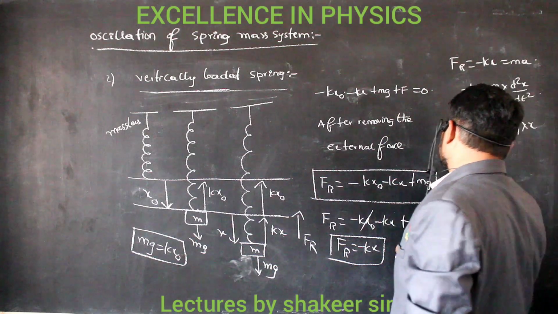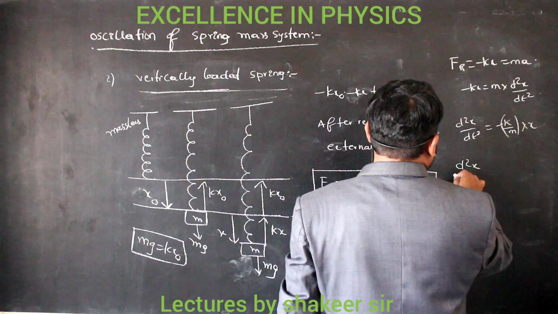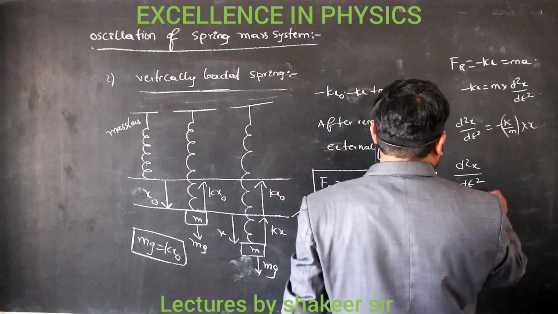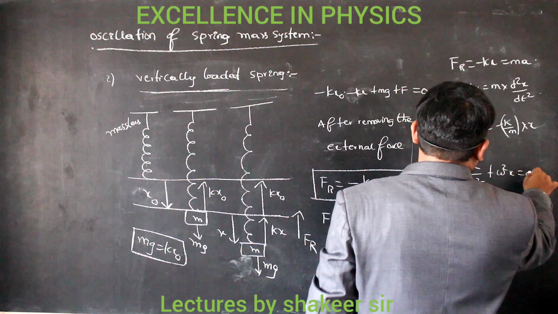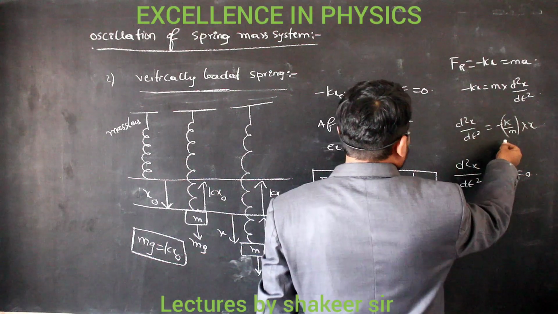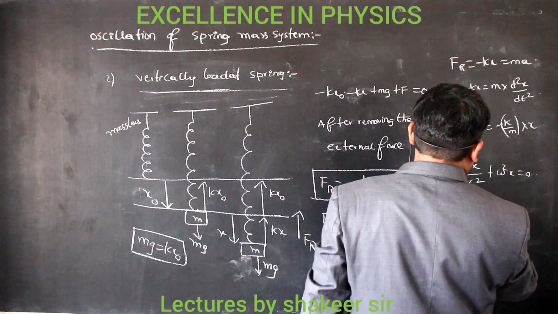Clear? So I got the relation up to here. Again comparing this with the basic equation of SHM. What is the basic equation of SHM? d square x by dt square plus omega square x is equal to 0. So if I compare with this one, then I will get omega is equal to root k divided by m.